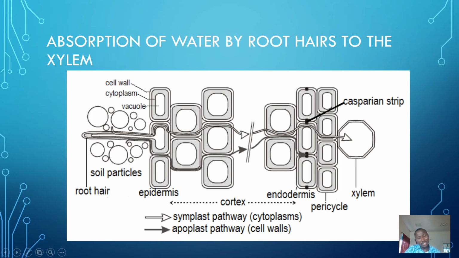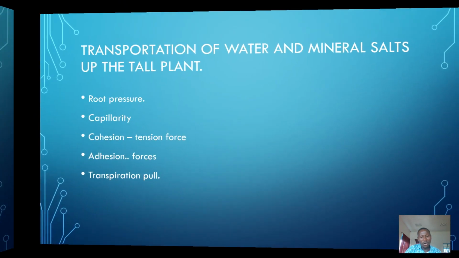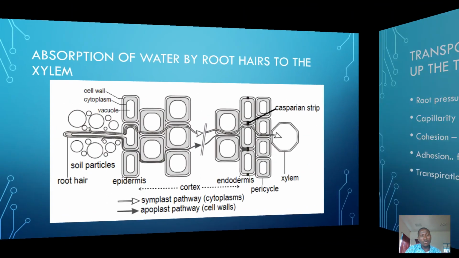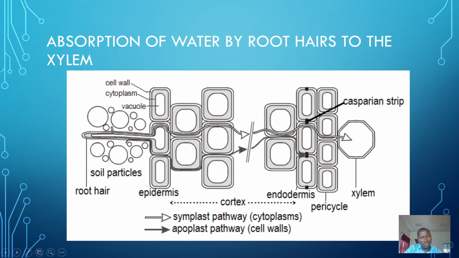This makes the cytoplasm or the cell sap of the root hair more dilute than the next cortex cell. Therefore, water moves from the dilute protoplasm of the root hair to the next cortex cell until it reaches the xylem vessel. That is the process of water absorption.